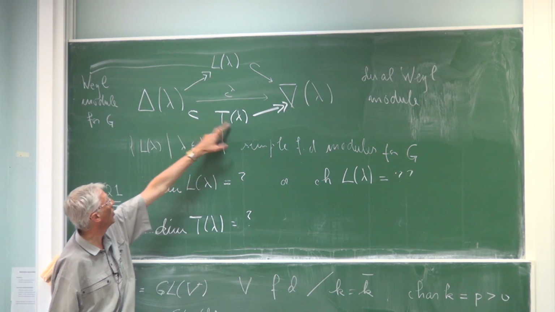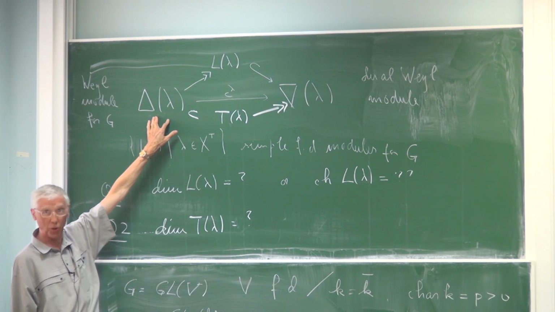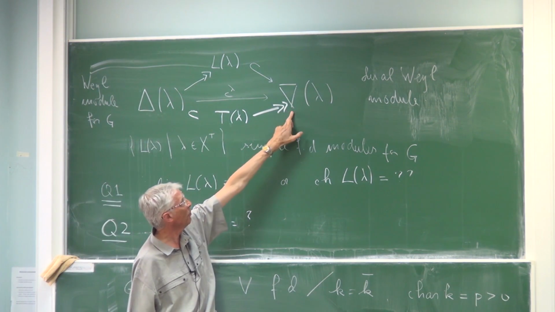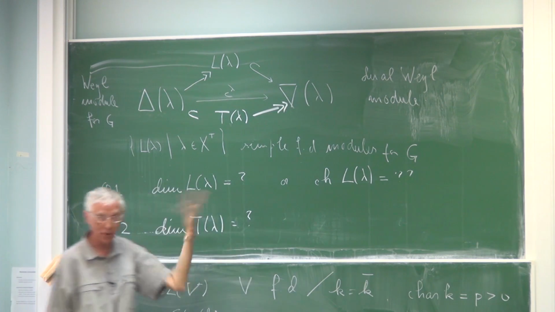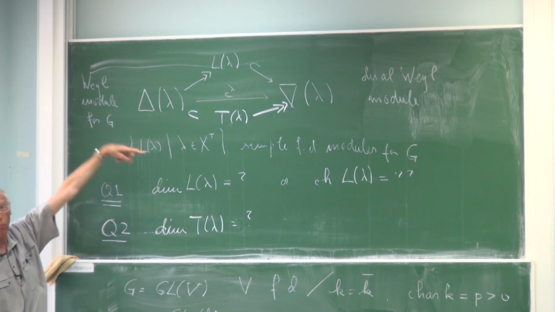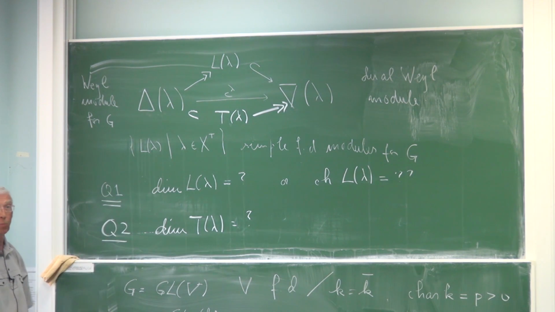This T lambda would just be equal to delta lambda, because delta lambda certainly has a delta filtration. In that case, it also has a nabla filtration because these two modules are isomorphic, so clearly this will do the same. So the whole diagram is not four modules, but just one module. And these questions are completely the same, and the answer is well known, given by Weyl's dimension formula.